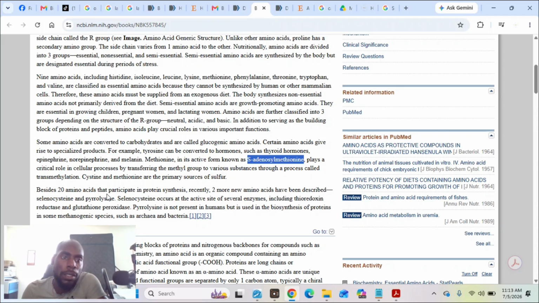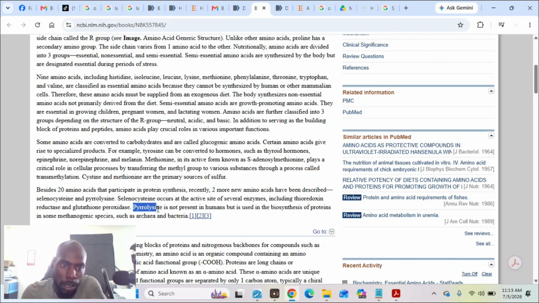Besides the 20 amino acids that participate in protein synthesis, recently two more new amino acids have been described, and these are the two amino acids. This one particularly occurs at the active site of several enzymes, including thioredoxin reductase and glycine reductase.